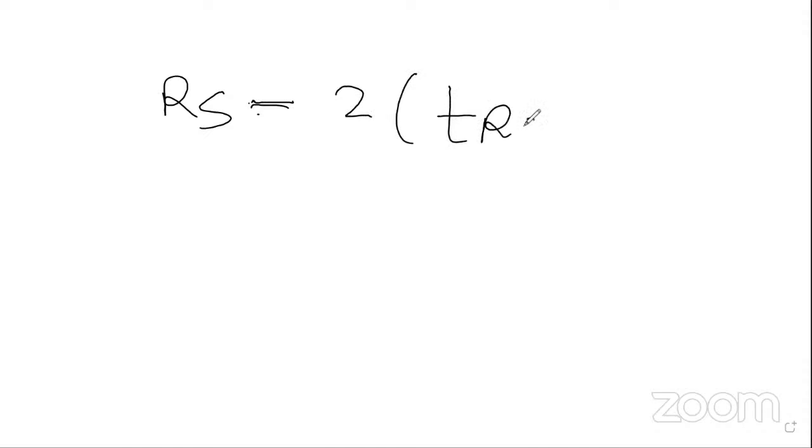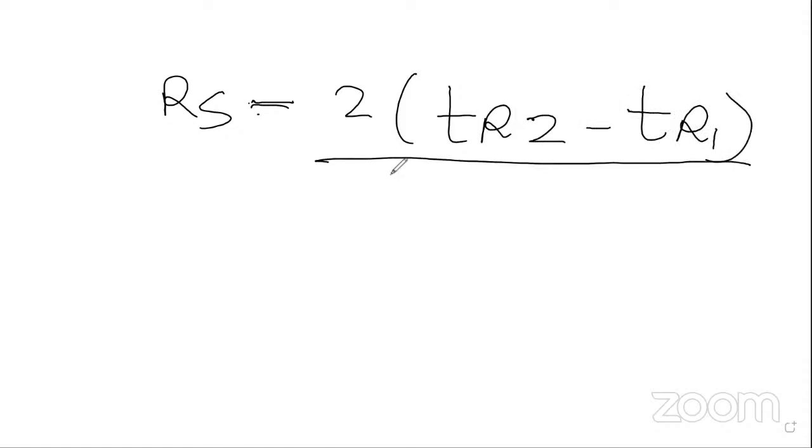So resolution का formula, as you may have all studied, it is Rs equals 2 times the retention time of compound 2 minus the retention time of compound 1, divided by the width of compound 1 plus the width of compound 2.